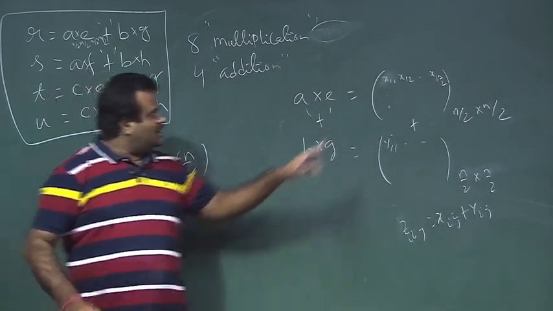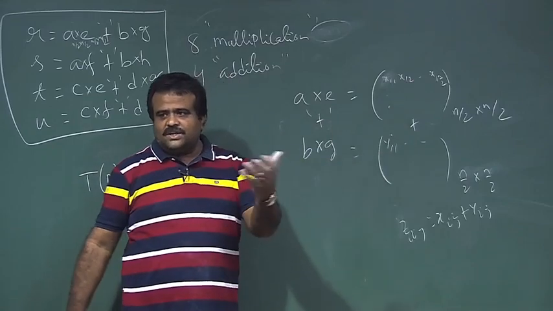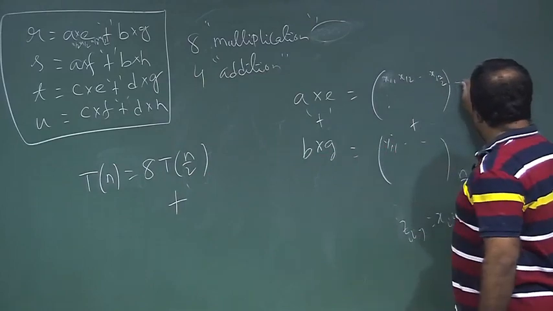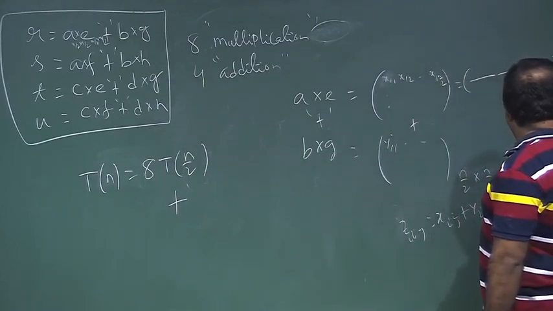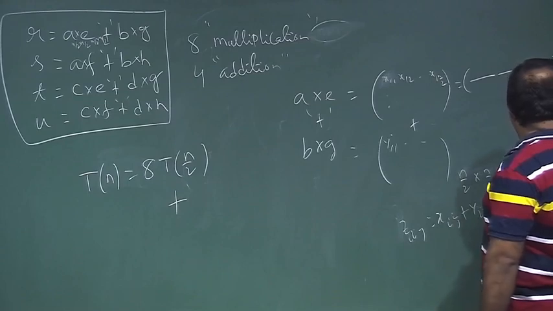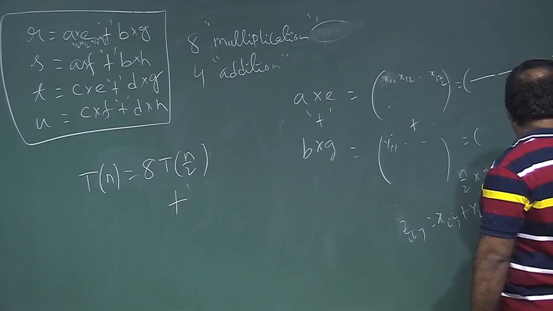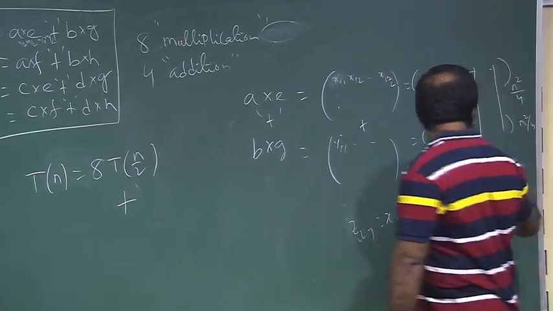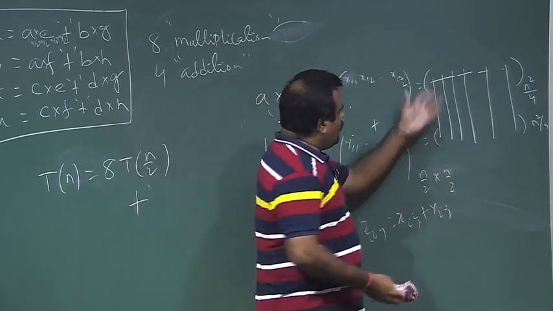We are just adding the corresponding entries, matrix addition. You can even think of this as a vector: first row, then second row, third row like this. So, this is a vector of size n square by 4, and this is also a vector of size n square by 4. We are just adding two vectors. How many additions?